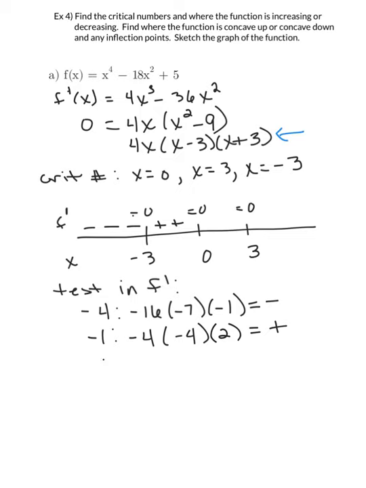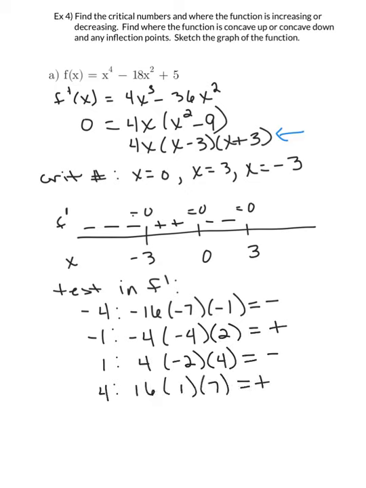Between 0 and 3, testing 1, we would have 4 times negative 2 times 4. 1 negative sign gives you a negative. And then on the right side of 3, testing 4, we would have 16 times 1 times 7. All those are positive, so we get positive.